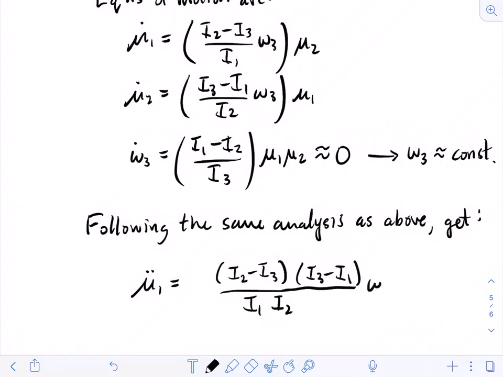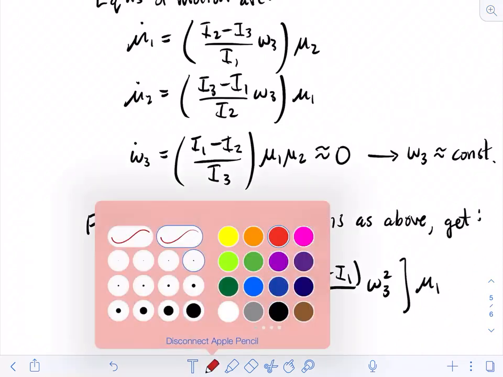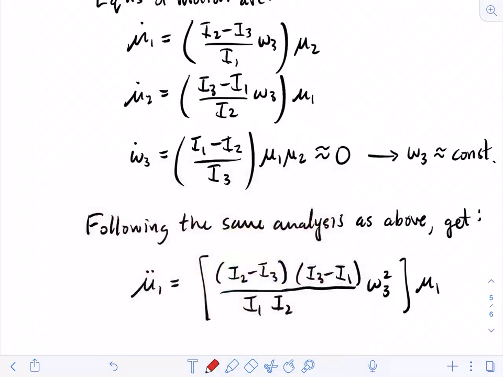Both of them have an omega 3, so we'll get an omega 3 squared. And then from the mu2 dot we'll get a mu1. Okay, I3 minus I1 is positive, but I2 minus I3 is negative. So I'm going to write this as minus I3 minus I2.